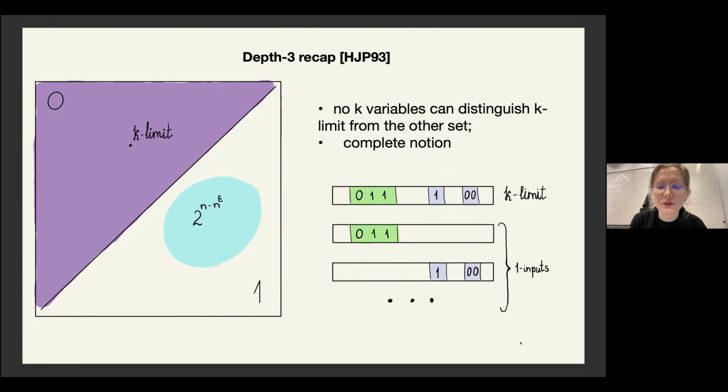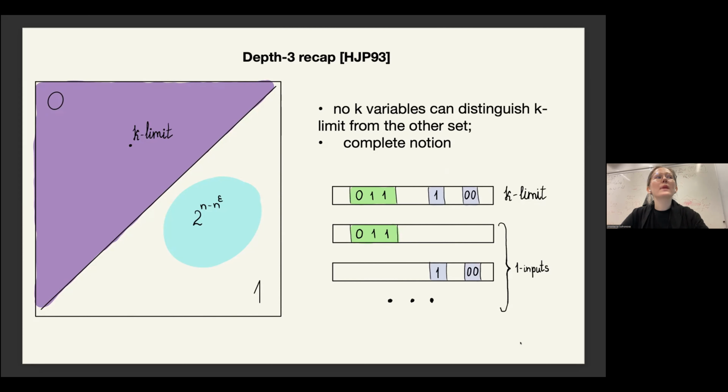And maybe I want to look at some other K indices, these lavender ones, or well, the other color that's not green. And then I will be able to find maybe some other point in the chunk of ones that has the same values in these indices. And this is true for every K indices in my K-limit.